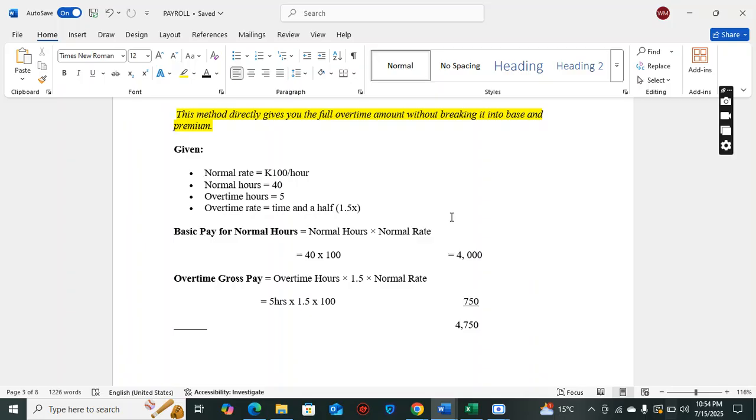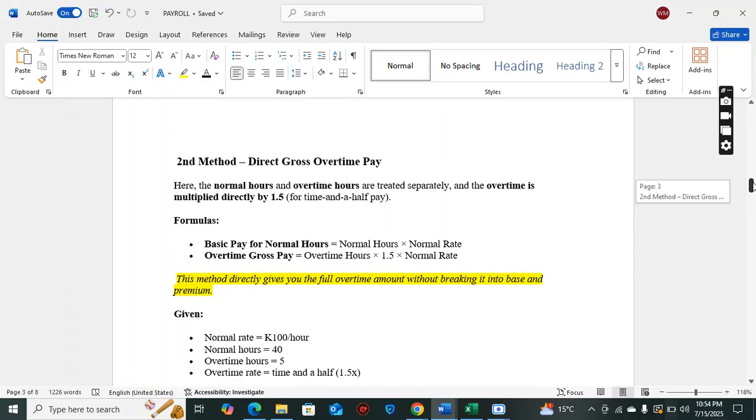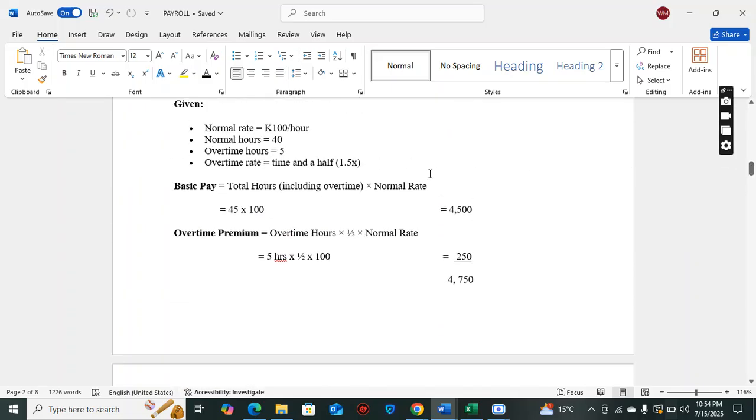You are not breaking down the overtime into the basic pay for overtime and the overtime premium. You're just getting the overall overtime. That's the second method. Then the first method, you're getting the basic pay, which includes the total hours worked. You're combining the overtime and the normal hours, and then you're also getting the overtime premium.